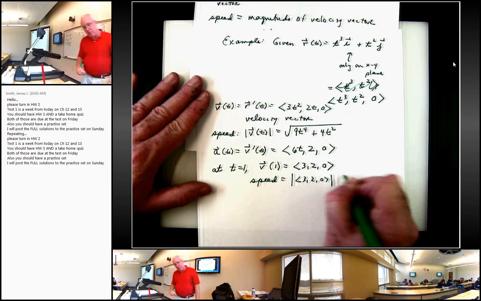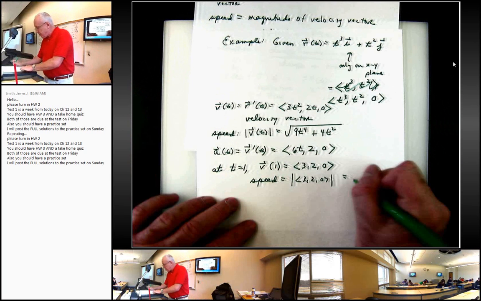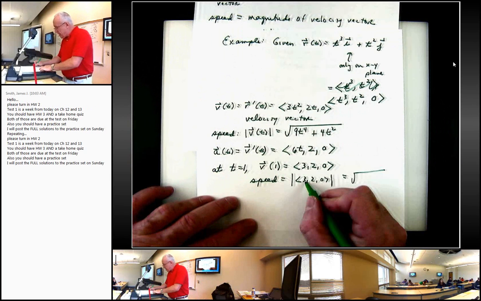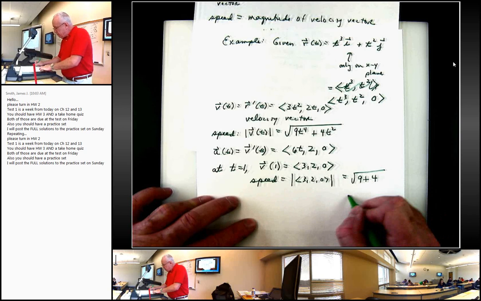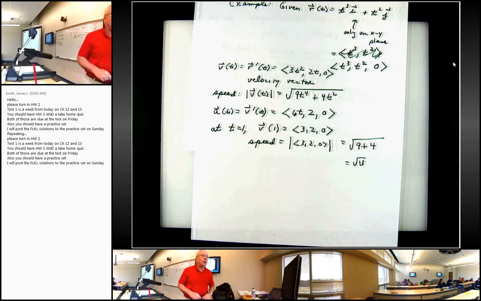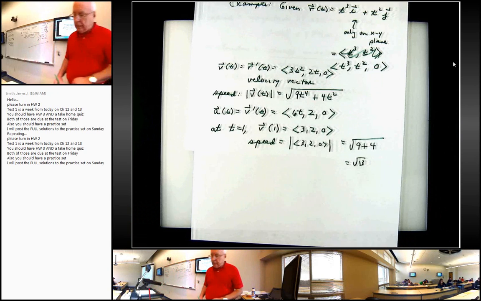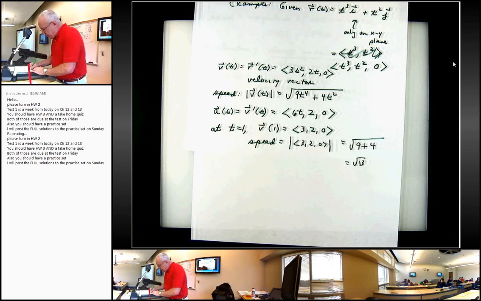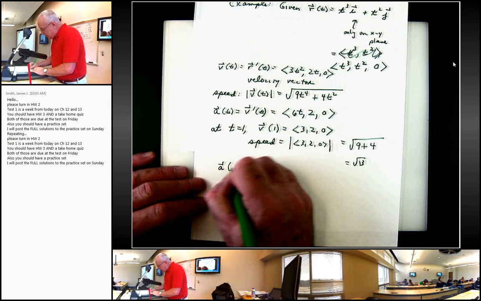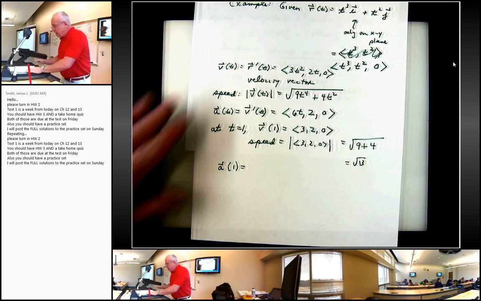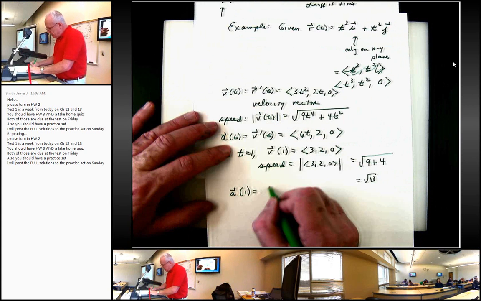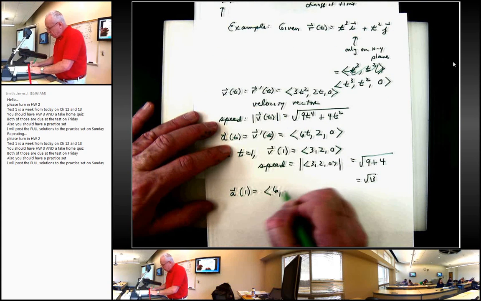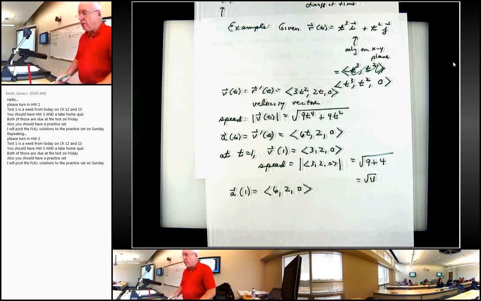So that's going to be the square root of 3 squared, 9, plus 2 squared, 4, plus 0. So our speed, whatever dimensions we're talking about, is the square root of 13. And then finally, our acceleration at t equals 1: 6t, that'll be 6, 2, and 0 for our acceleration.